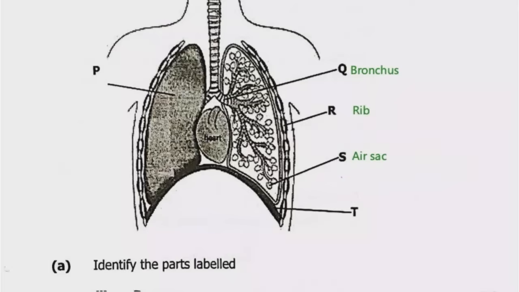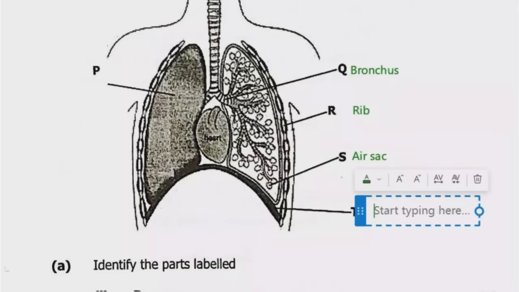What is the other name for air sac? I want you to write your answer in the comment section. Then we have T. T, that is diaphragm. T is diaphragm.